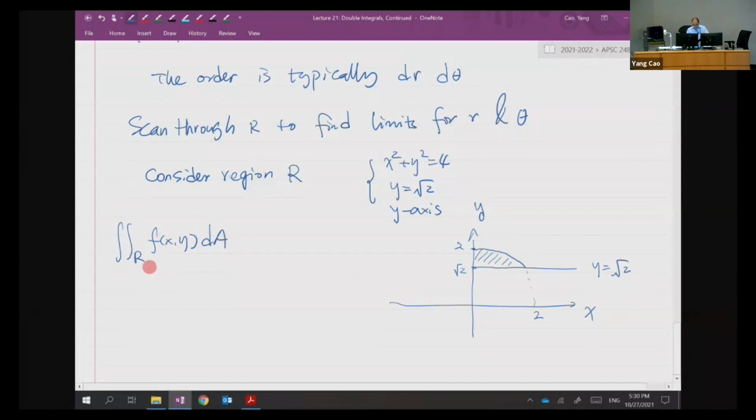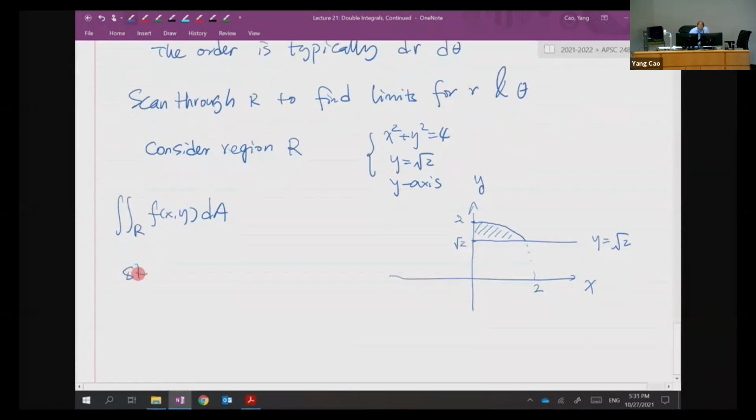Of course, in this case we're looking at polar coordinates instead of Cartesian coordinates, so whatever the function given, you will transform it into r and theta first. But let's just focus on the limits here. Okay, step 1: find the r limits.